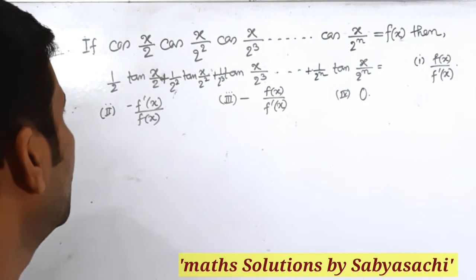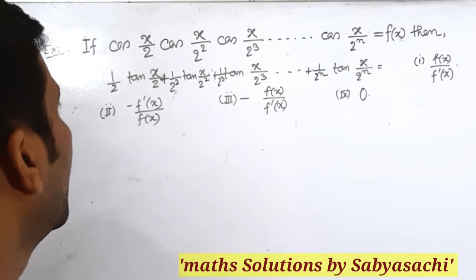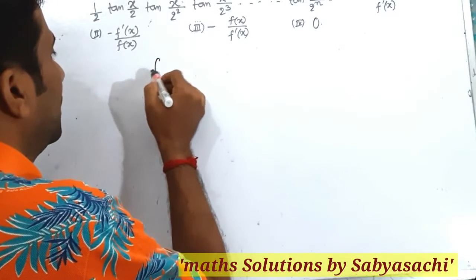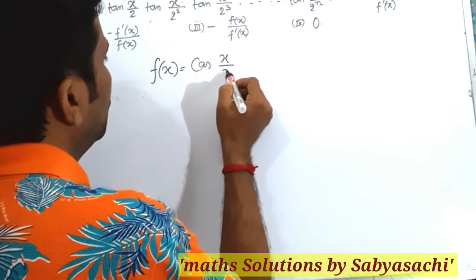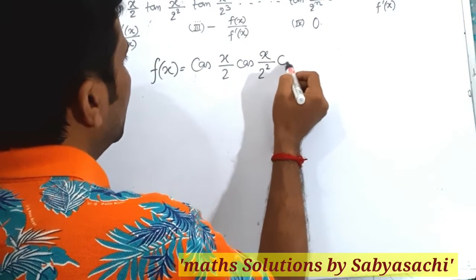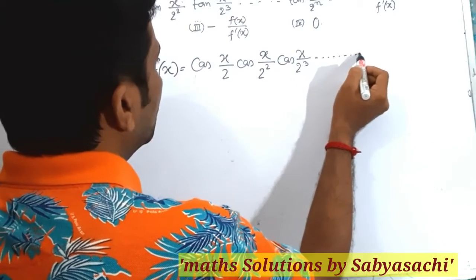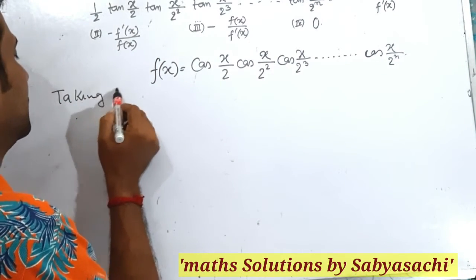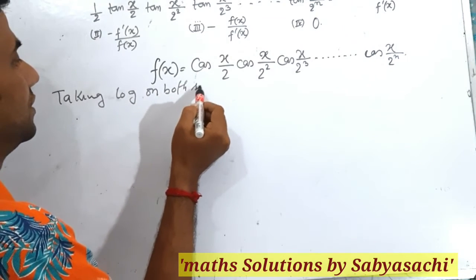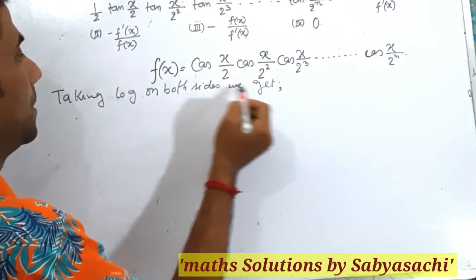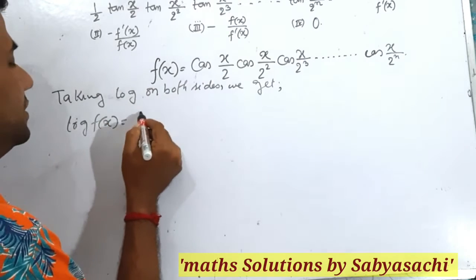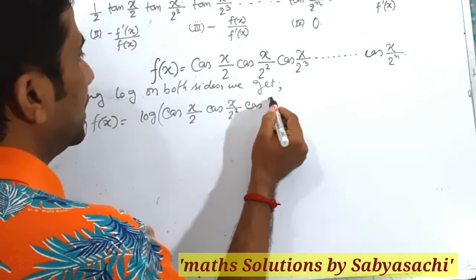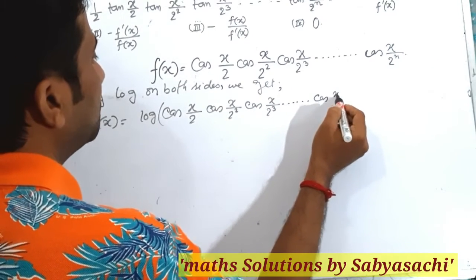Now how do we solve it? At first, f(x) is equal to cos(x/2) cos(x/2²) cos(x/2³) ... cos(x/2ⁿ). Now taking log on both sides, we get log f(x) is equal to log of cos(x/2) cos(x/2²) cos(x/2³) ... cos(x/2ⁿ).